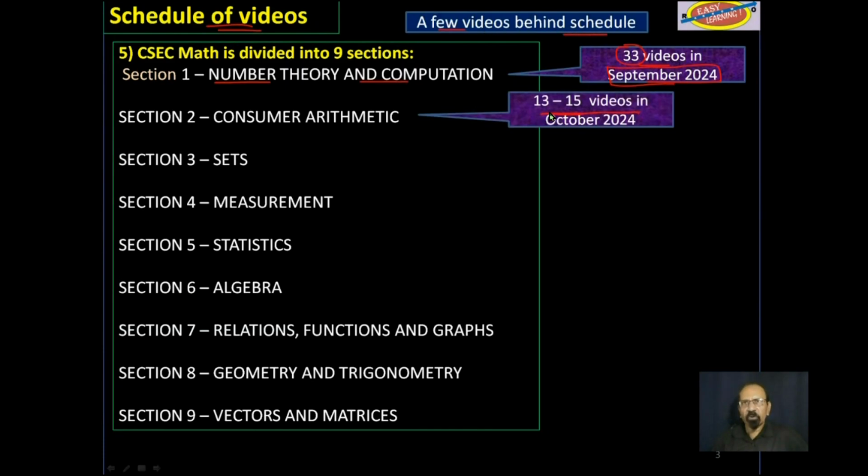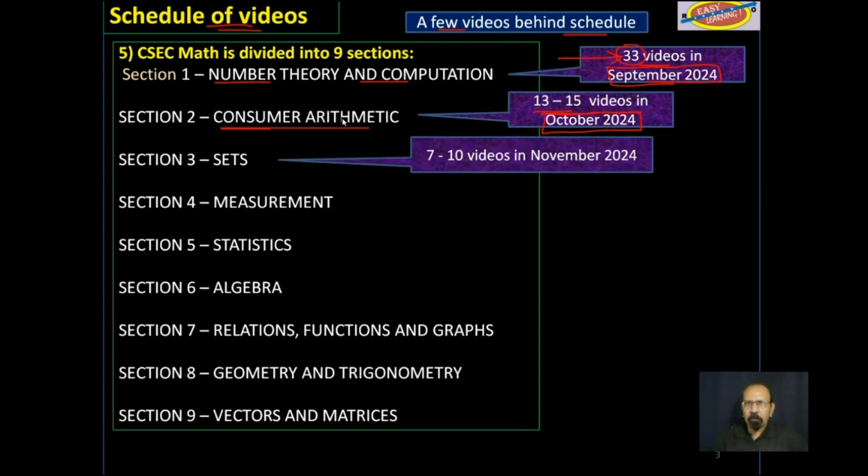However, by the end of October 2024, I should be back on schedule with those few videos from section 1 plus the 13 to 15 videos from section 2, consumer arithmetic.